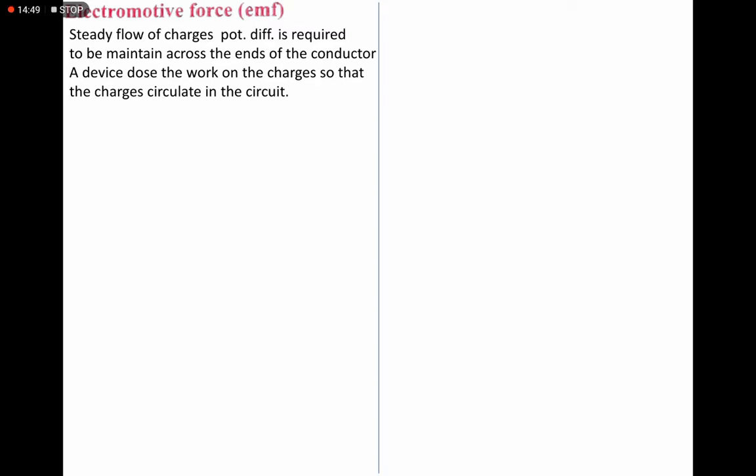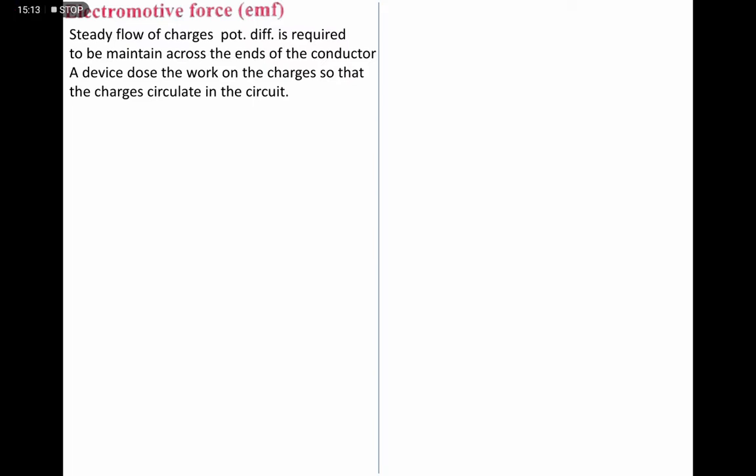When a potential difference is applied, electrons pass through the conductor, and this happens because of the source of electricity.